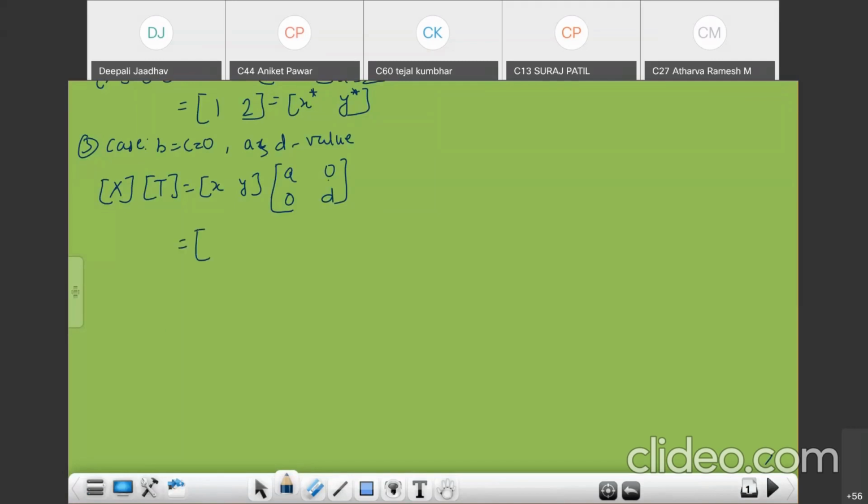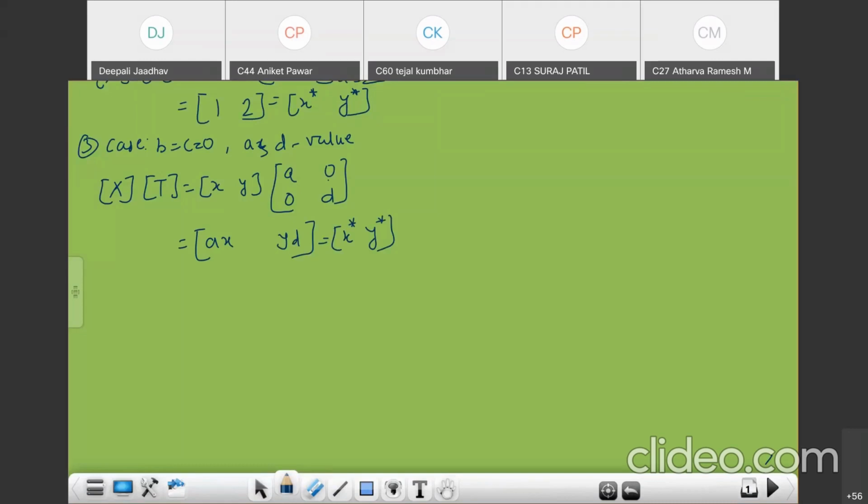When we multiply this, what result comes here? Multiply this row with this column, then we will get ax and yd, which is equal to x star and y star. So what does this indicate?